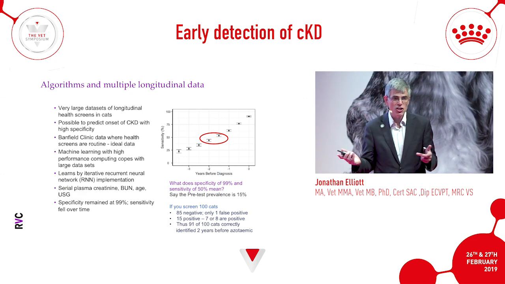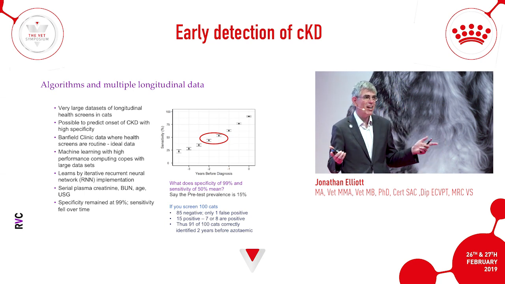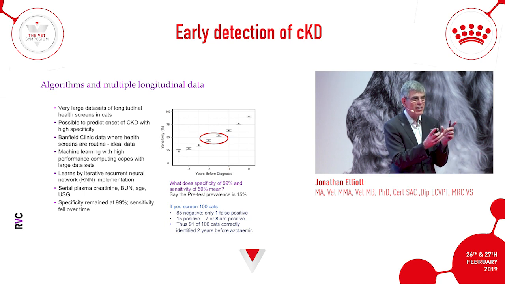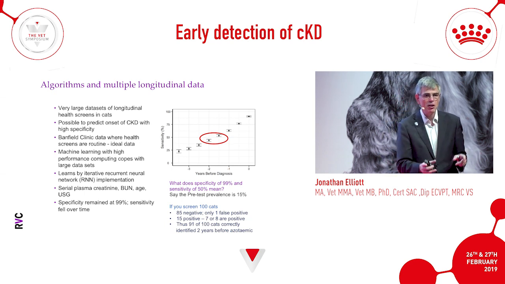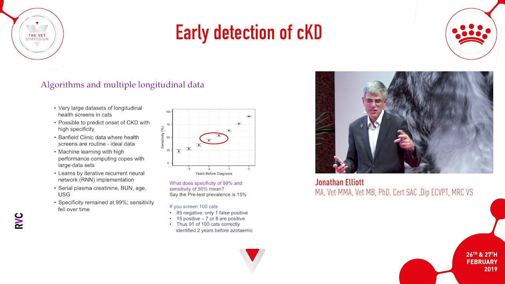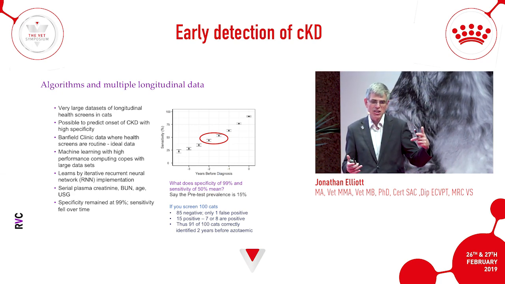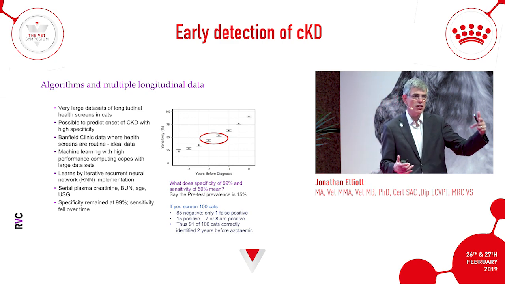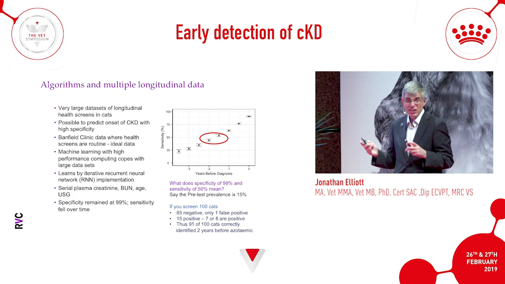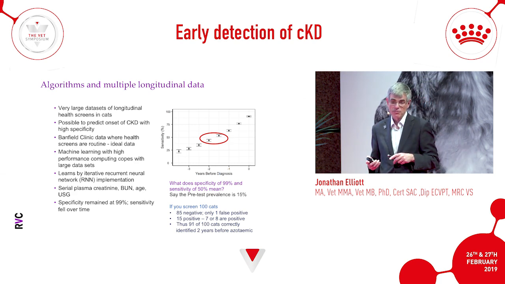That means that 91 out of the 100 cats will be correctly identified by this screening test, which isn't one test, but it's a combination of different laboratory tests looked at in cats and using an algorithm and machine learning to look at the changes over time in a large population of animals to predict what values should be used as cutoff values.